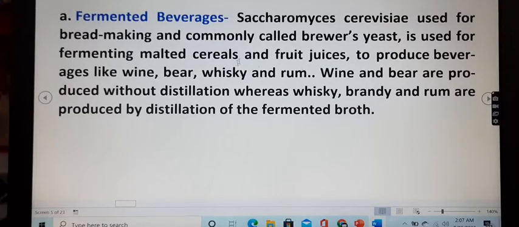In them the brewer's yeast, Saccharomyces cerevisiae, is added. Wine and beer are produced without distillation, and if they are distilled, they are whiskey, brandy and rum.